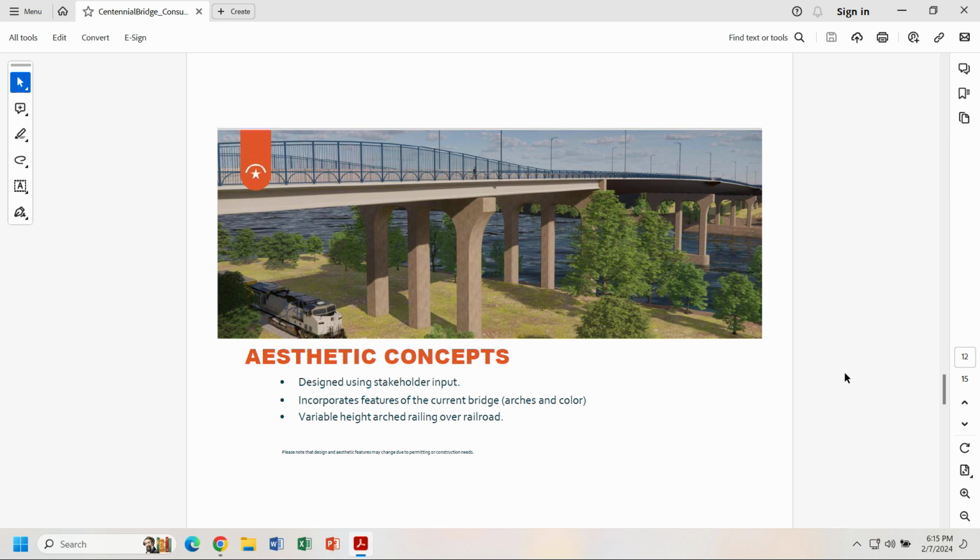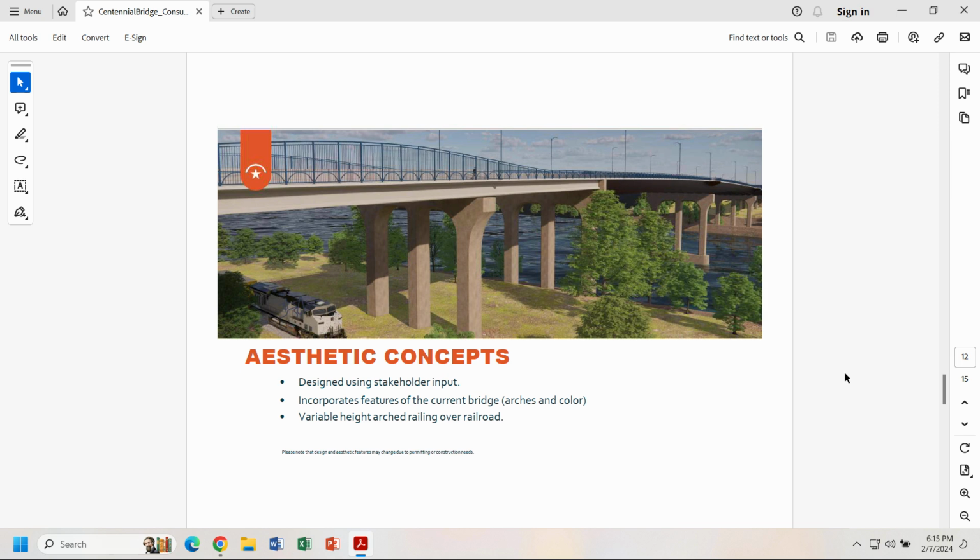So some of these might look familiar to you. But essentially, we're trying to incorporate features of the existing bridge into the new bridge. So as you can see in this image, kind of the bottom part of that railing, it has that kind of arch look to it that harkens back to the original bridge. The color is also similar with that blue color.